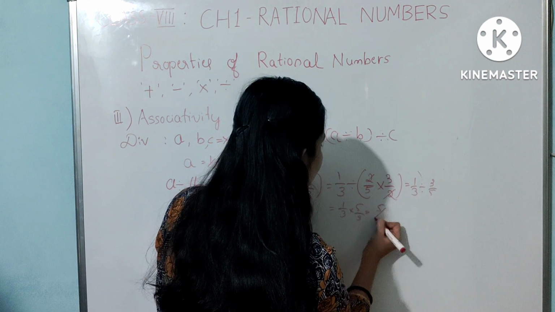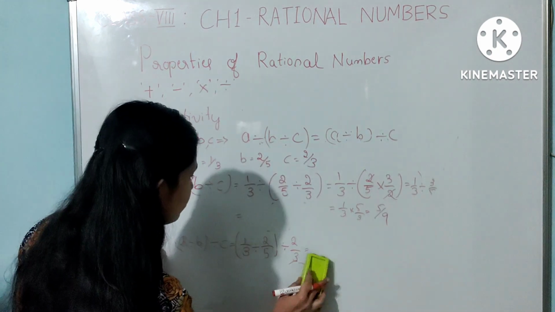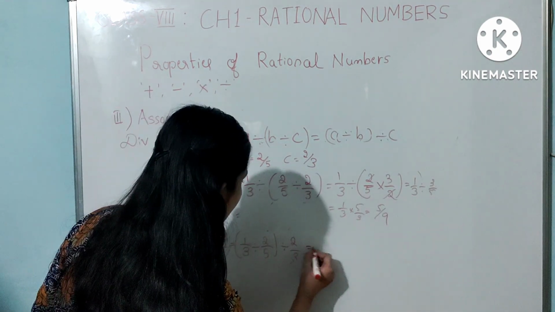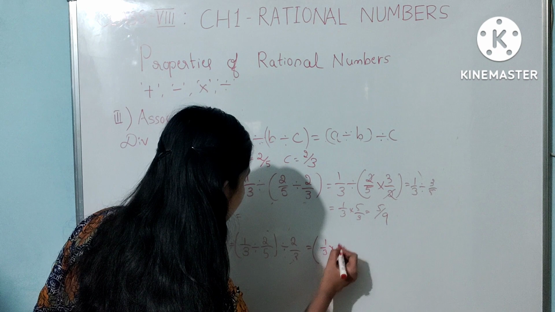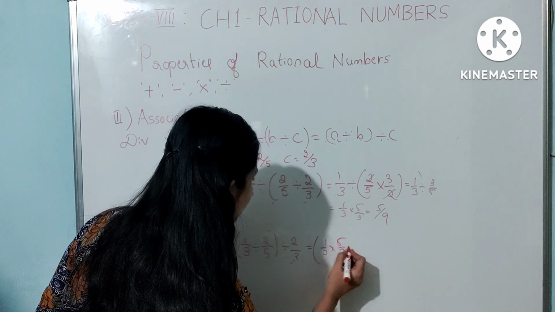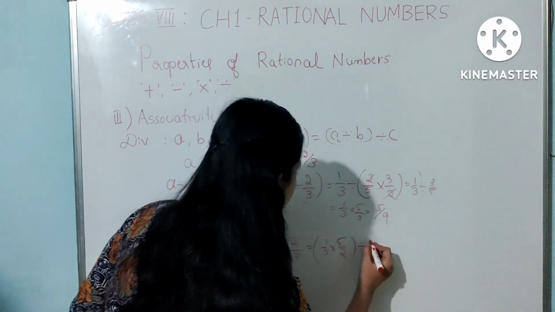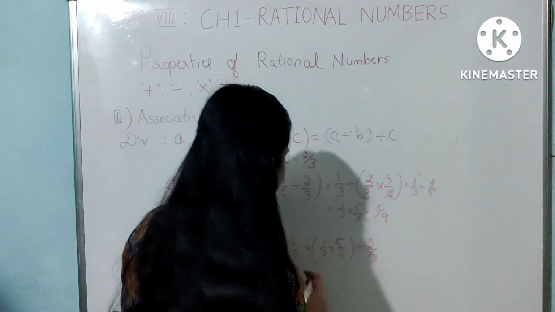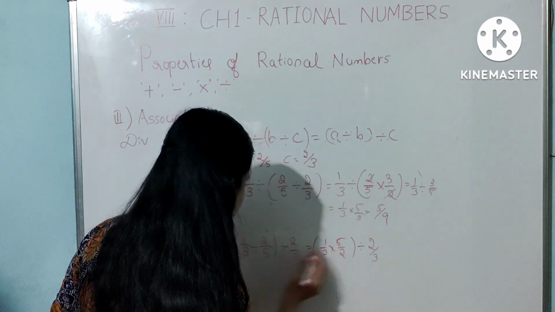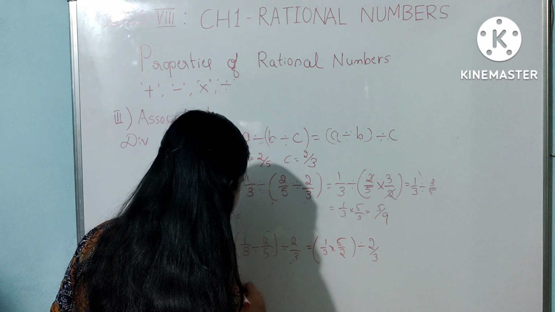The value is 5 by 9. This one: 1 by 3 into 5 by 2 divided by 2 by 3. So value is 5 by 6.